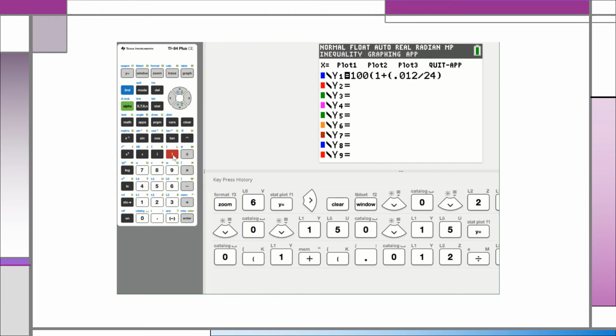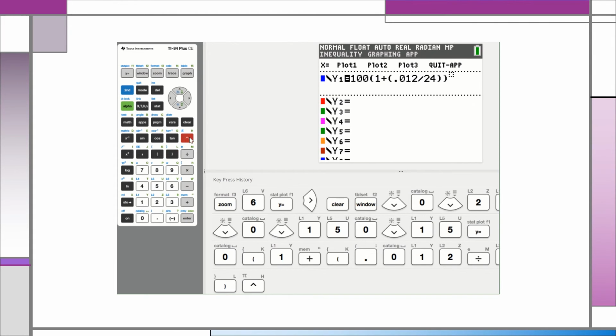I'm going to close that parentheses, close the original parentheses, and now I'm going to raise this to a power of 24, my number of compounding periods, and I'm going to use the variable x for time. So my variable is in my exponent. And let's go to the graph and see. Hopefully I've done this correctly.